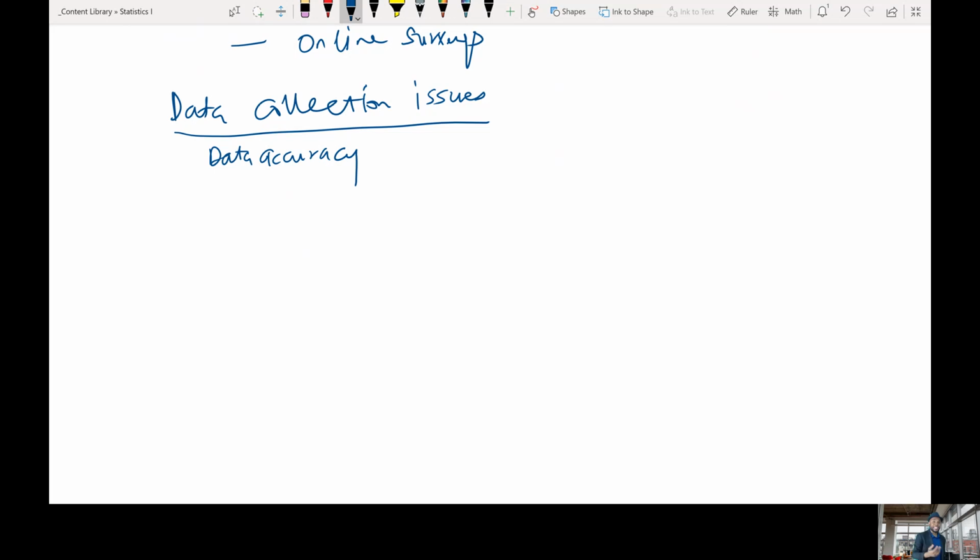When entering data, there's a tendency that we might enter the wrong information or the wrong data. So we need to be careful when entering data. Another issue we might have, especially when conducting interviews, is interviewer bias. And then another issue is non-response bias.